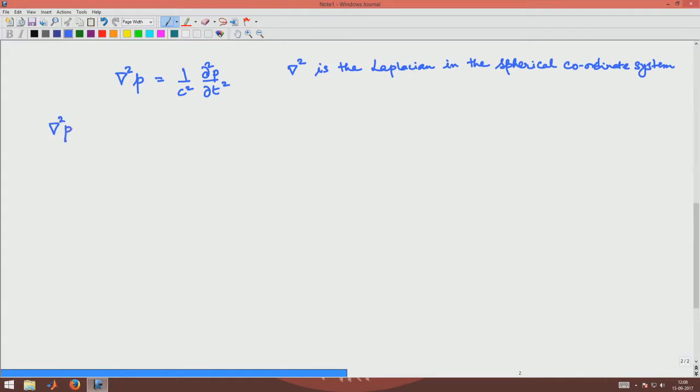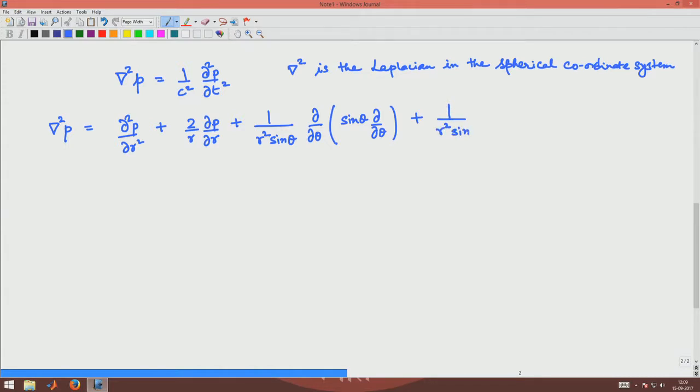So, I will simply give you the result, which is del square p in the spherical coordinate system will be written as del 2 p del r 2 plus 2 by r del p del r plus 1 by r square sin theta del del theta sin theta del p del theta plus 1 by r square sin square theta del 2 p del phi 2, and there is a p here, there is a p here.